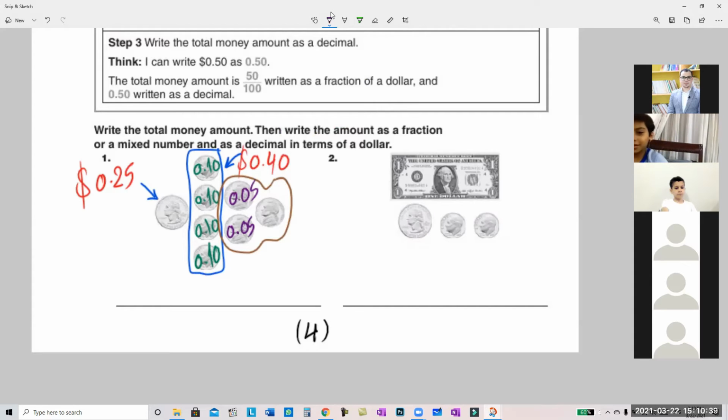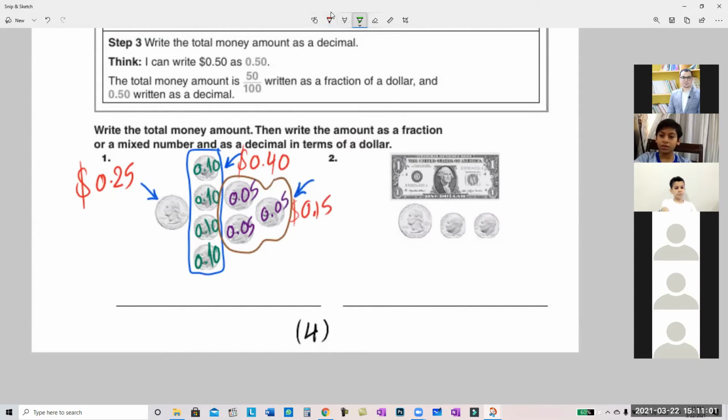You have to keep it in your mind, man, okay? So the 3 coins together equal what? 0.15. So we have 3 nickels equals 0.15 dollars.